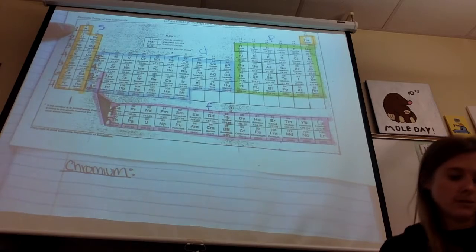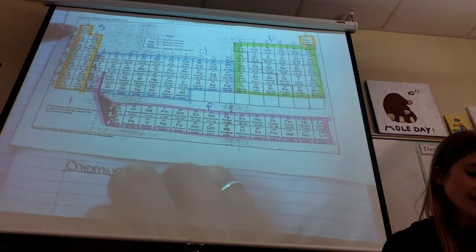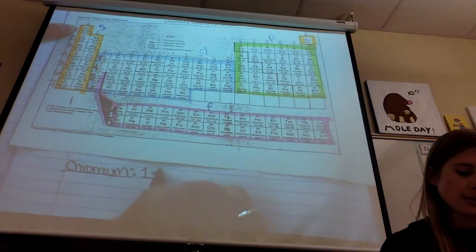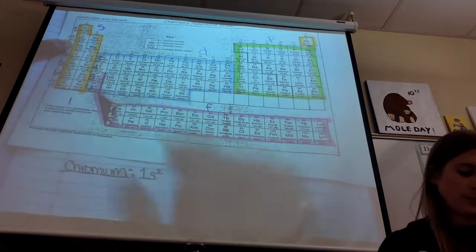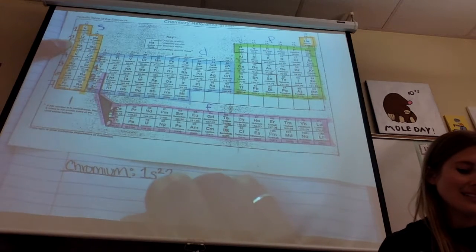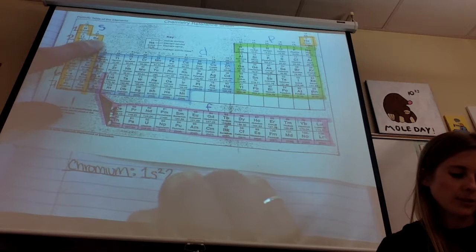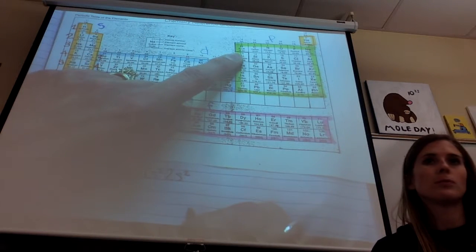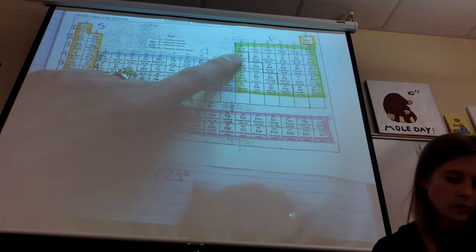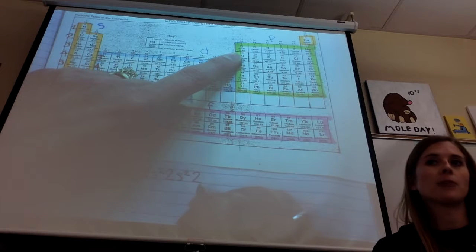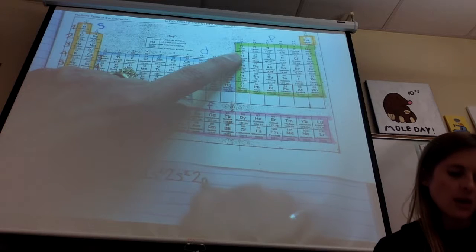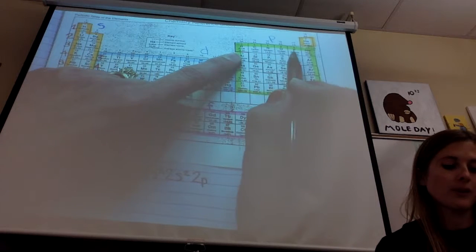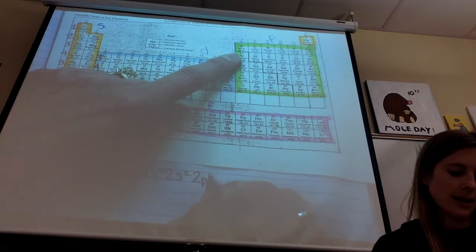Energy level 1. I'm in block S, 2 electrons. Energy level 2, block S, 2 electrons. Energy level 3? Nope, still 2. And then I'm in block P, 6 electrons.